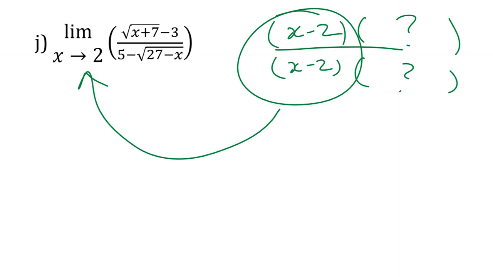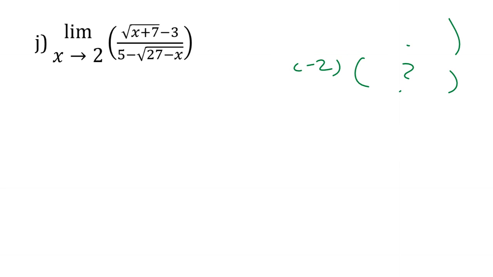And as I said, this is what will have to happen. The x minus 2 is what has to divide out. So it turns out we have to rationalize the top and the bottom. So we're multiplying by 2 conjugates.